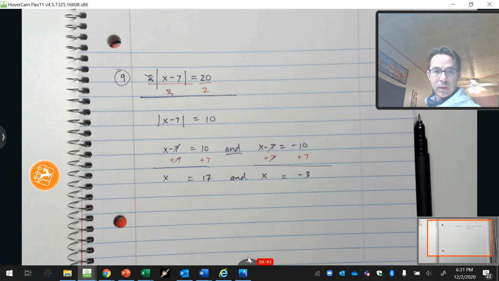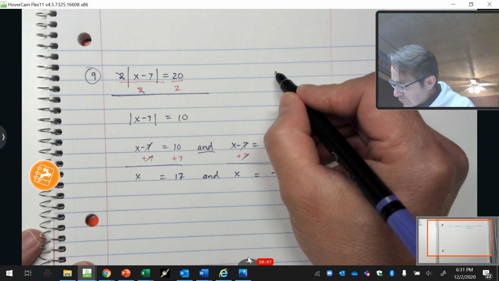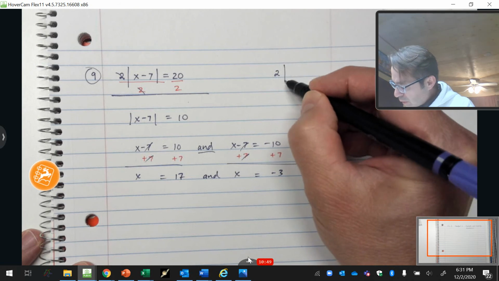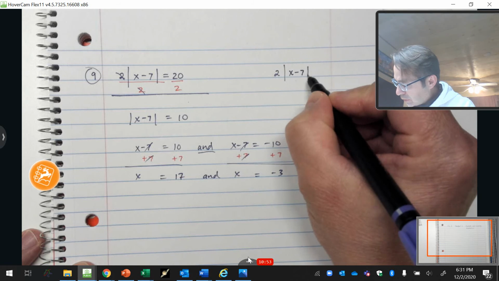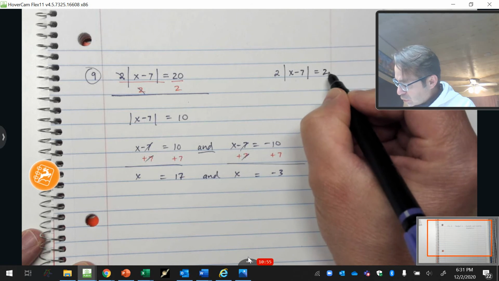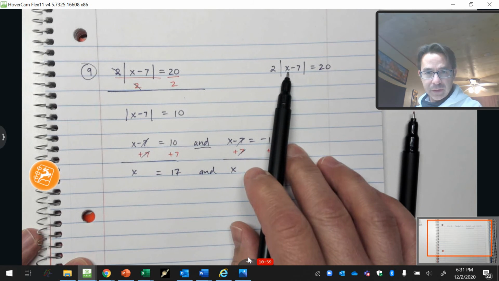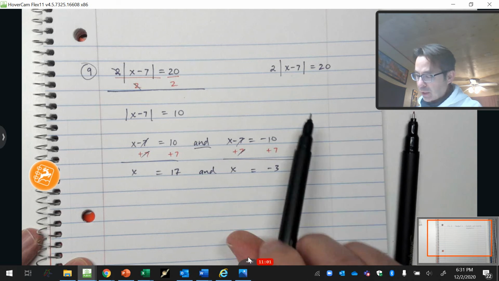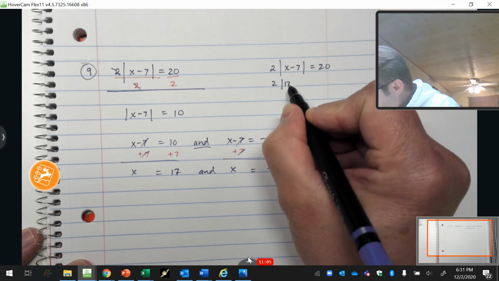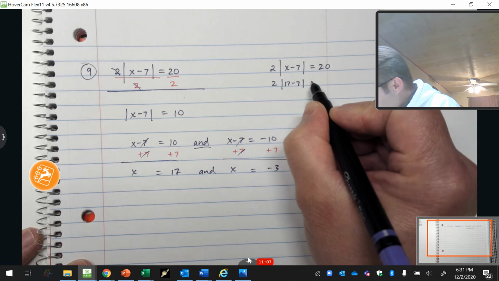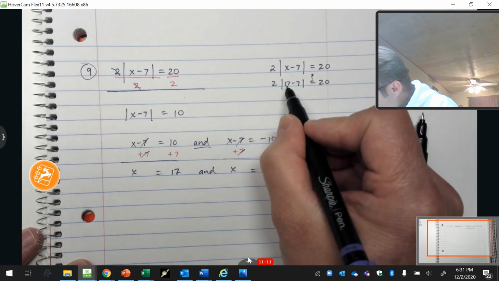If you go back up to the original equation, which was 2 times the absolute value of x minus 7 equals 20, the two answers that would work are 17 and negative 3. So I'm going to check both of them. 17. You put a question mark above the equal sign, it's called checking.